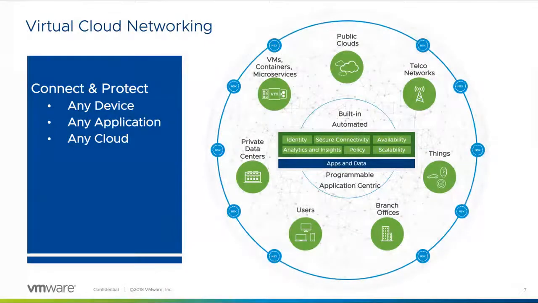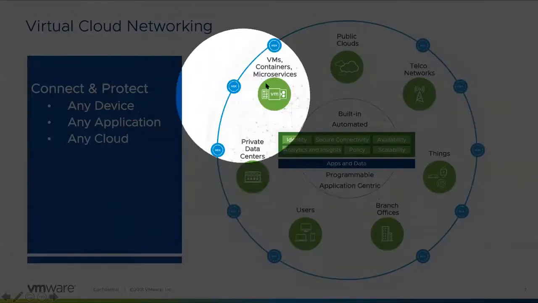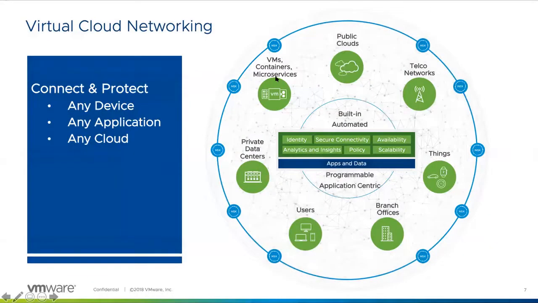Oh, I lost my pointer on the wrong screen. As you go around the circle, all these things are connected by NSX. So no matter what it is in your environment, if NSX touches it at some point, we'll provide some layer of communication to it. And the way we can do that, the only way we can do that, is that this can only be done in software, providing consistent networking end to end.